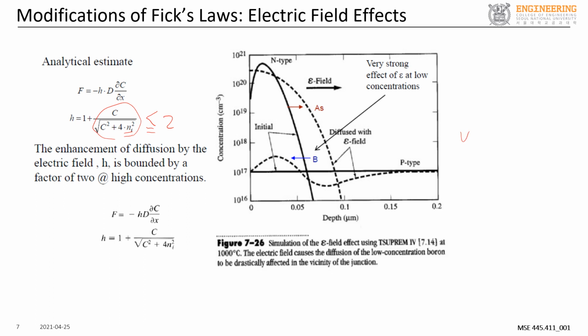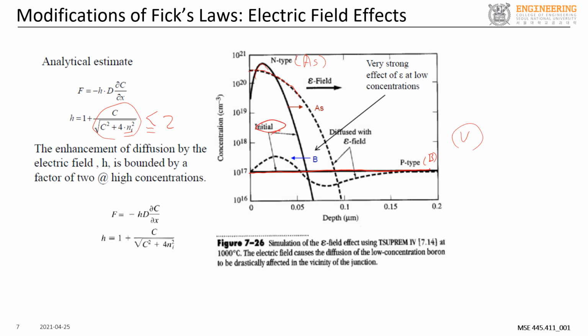So this figure shows you the electric field effects. This is the simulation result. The N-type dopant is arsenic. It was like this before the diffusion, but after diffusion it became like this, which looks pretty normal. But for P-type, which is boron, it's low doping concentration. Initially it's uniform, it's flat.